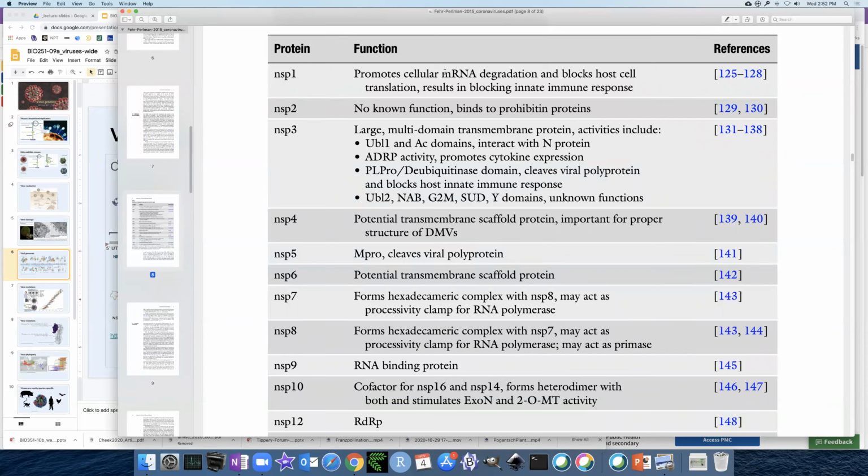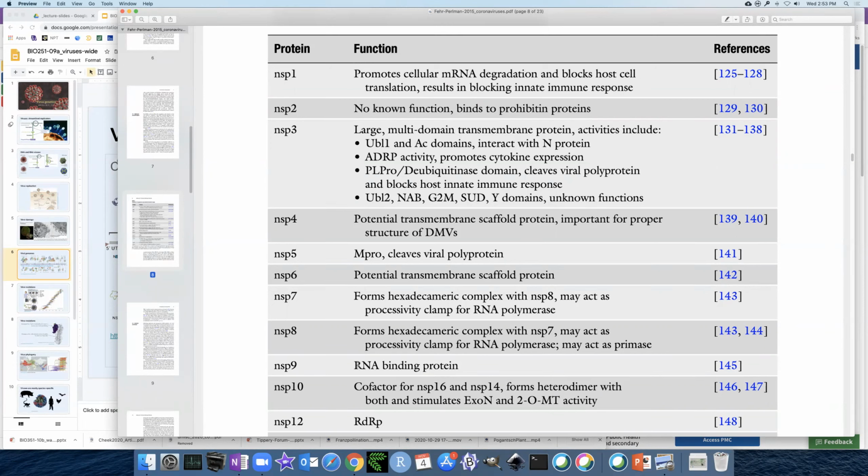NSP1 promotes cellular mRNA degradation and blocks host cell translation, which results in blocking the innate immune response. So this would be involved in basically stopping the cell from working for itself, and instead hijacking it and causing the cellular machinery to make the products that the virus needs.